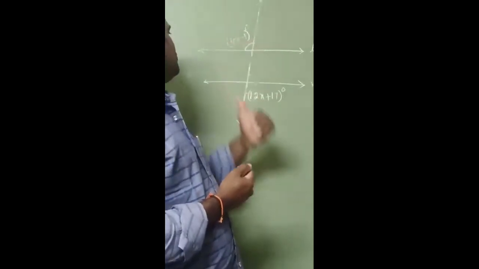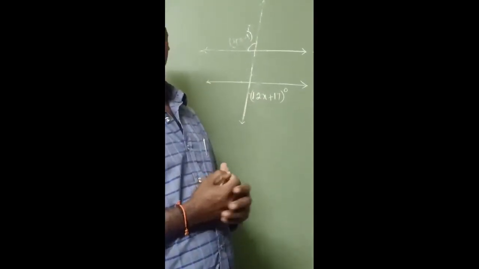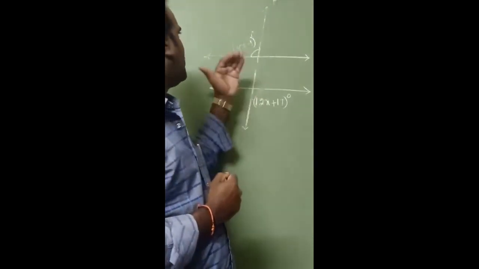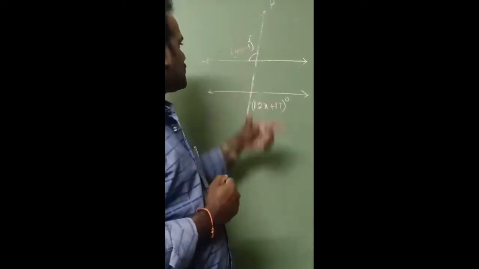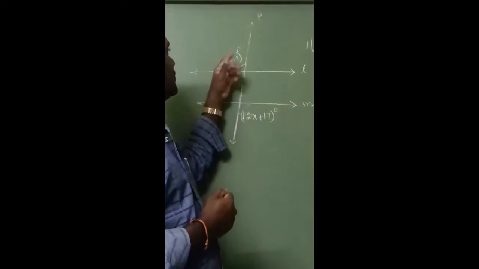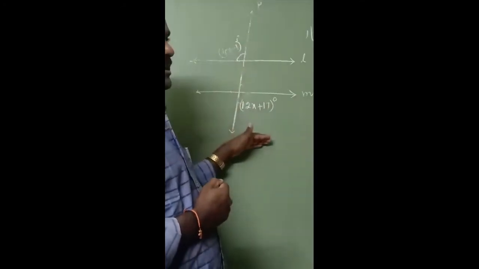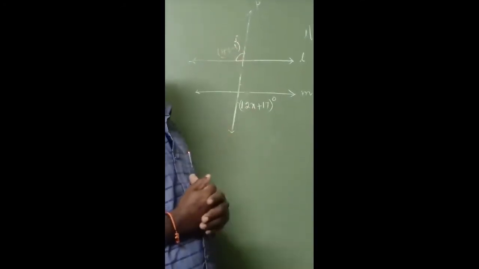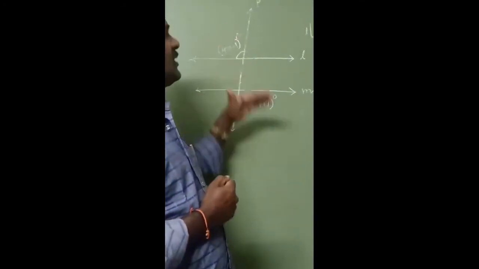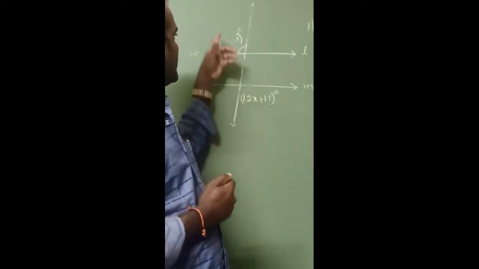How to solve for x? Find the value of x first. You have to find the x value. These two angles: this is an exterior angle, this is also an exterior angle, on either side of the transversal. So alternate exterior angles are equal.